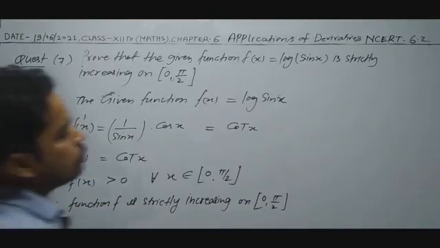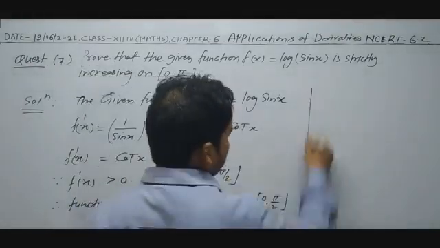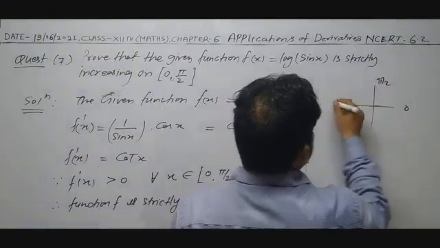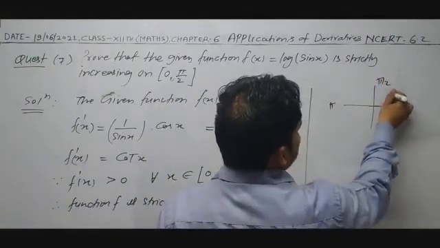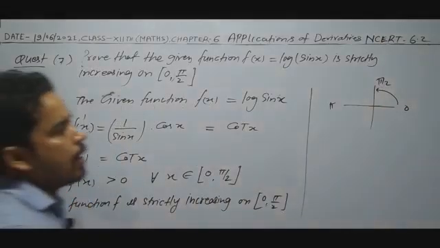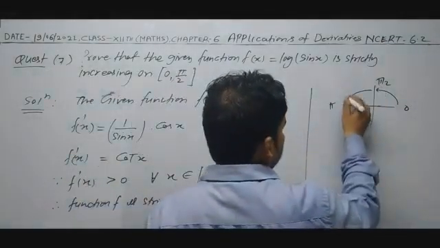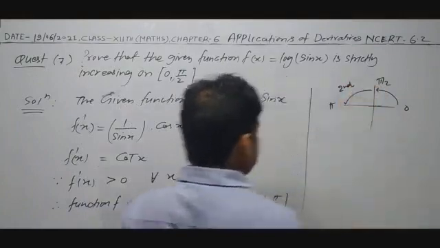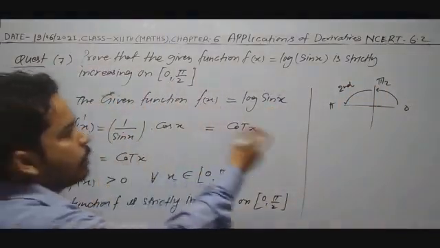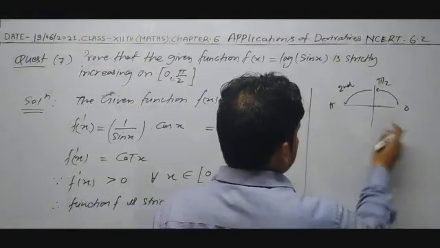And what can you say about pi by 2 to pi? Suppose this is 0, pi by 2 and pi. Between 0 to pi by 2 in the closed interval the function is increasing, and pi by 2 to pi means in the second quadrant, pi by 2 to pi, the value of cot is negative. Then what you can say for the second quadrant?